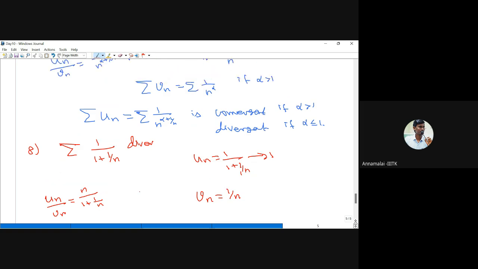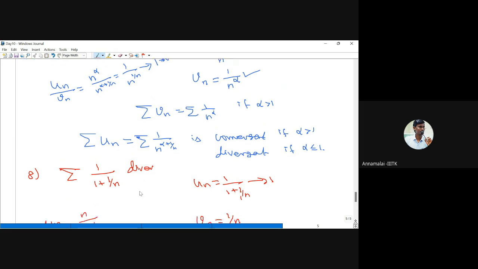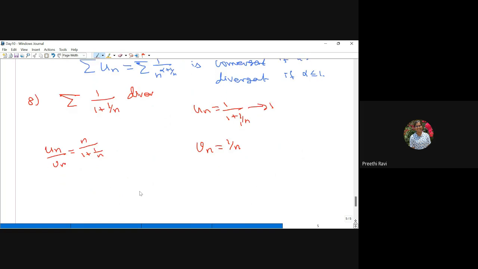Look at the previous example. If we take Vn as 1 alone, again we get a 1 series. What if you take Vn equal to just n?